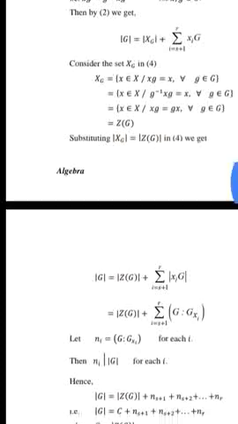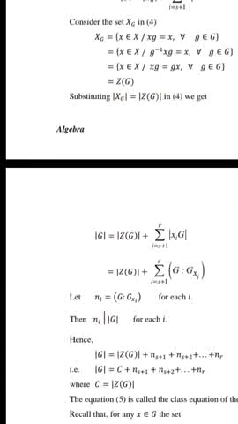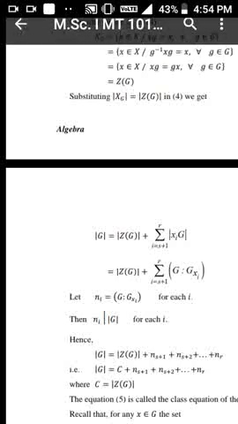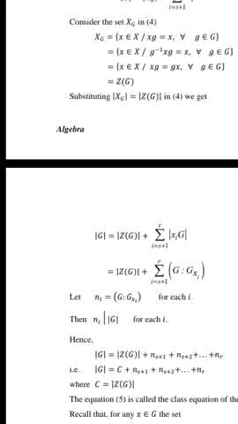We will consider the set XG, that is, x belonging to X such that g.x is equal to x for all g belonging to G, which is the set of x belonging to G such that g inverse x g is equal to x for all g belonging to G, which is Z(G).